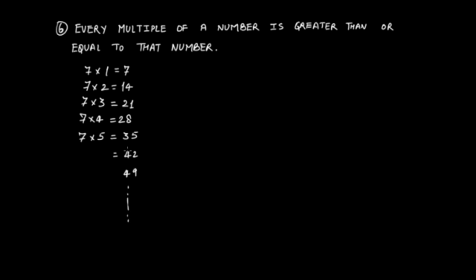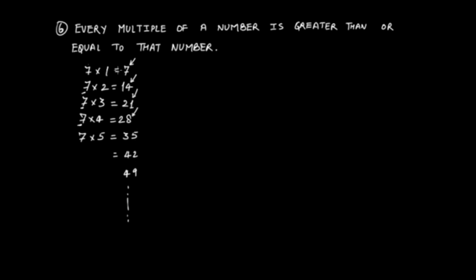So 7 is a multiple of 7, 14 is a multiple of 7, 21 is a multiple of 7, 28 is a multiple of 7, and similarly for other numbers.